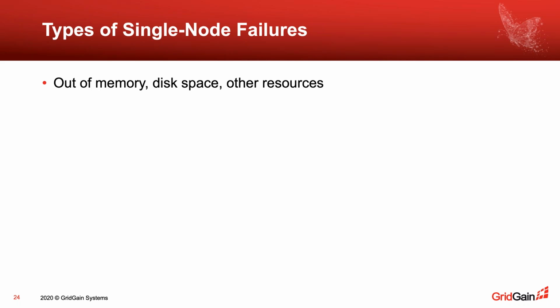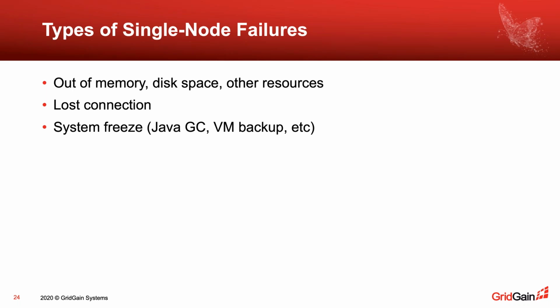First of all, it's the lack of resources on one of the nodes, situations such as out of memory, out of disk space, out of file descriptors. Then a very common one is a lost connection, a network issue. Then, and this is very common especially in the Java world, is system freeze, such as a long GC pause.